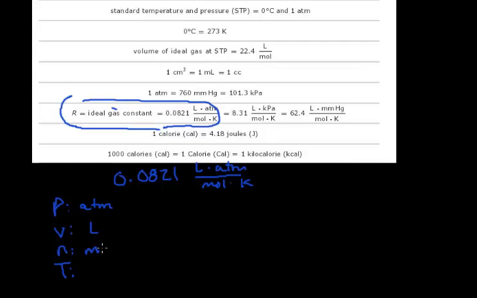N has to be moles because it's the number of moles, and then temperature, just like before, is Kelvin. So now that we have all this information, we have our equation, we know what units this information is, we're ready to go to a problem. So I'm going to stop this video here, and we're going to go to the next one, and you're going to flip your paper over.